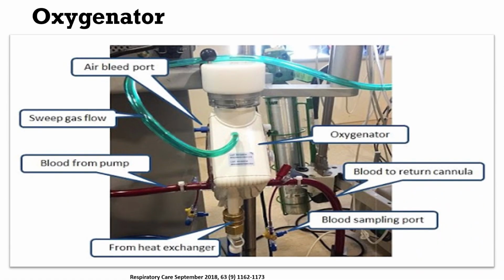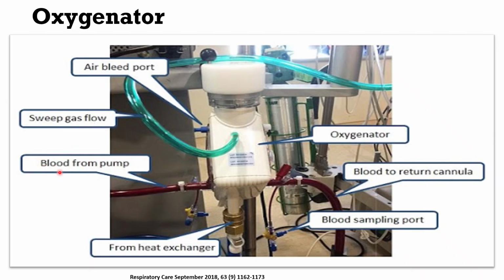Coming to the most important part in the circuit, which is the oxygenator. The first important thing is the connection to the sweep gas or oxygen source or gas blender on the wall. This is the most important thing. If not connected, this is gas failure and leads to hypoxia.